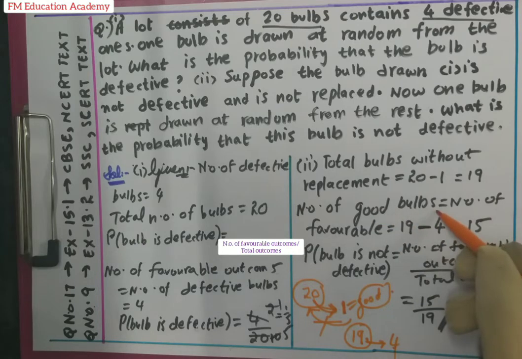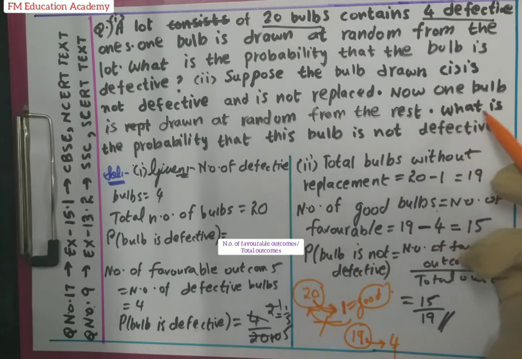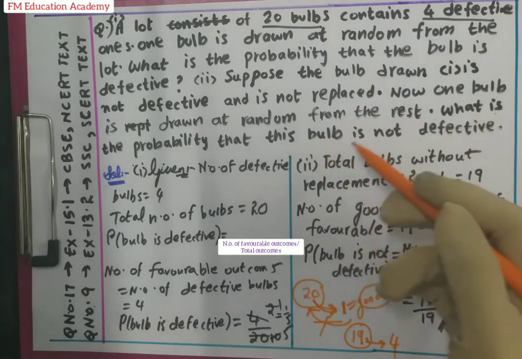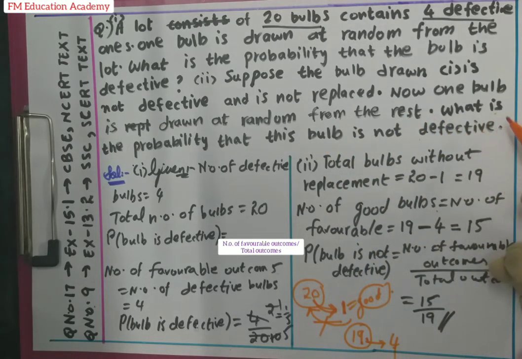And number of good bulbs, here what is it asking me? What is the probability that this bulb is not defective? The probability that this bulb is not defective means the bulb is good. So from these 19 bulbs, how many are good bulbs? The number of defective bulbs is not changing because we are not taking out a defective bulb, we are just taking out a good bulb. So the number of defective bulbs remains 4. So I will subtract defective bulbs from the total bulbs remaining.